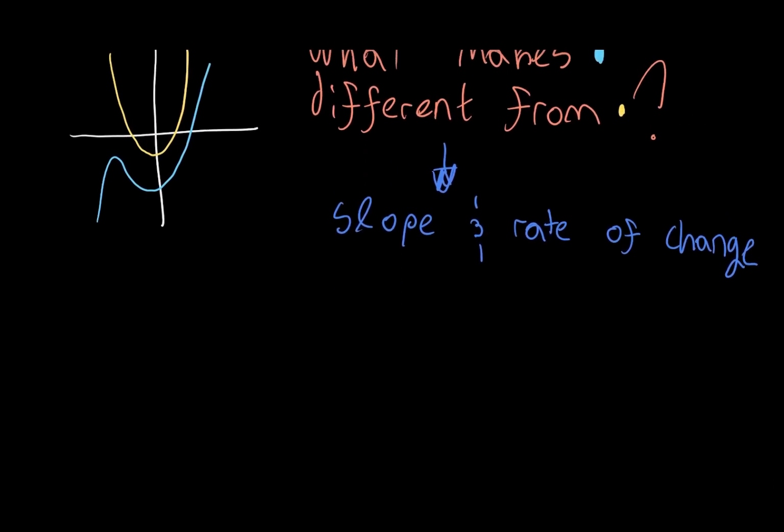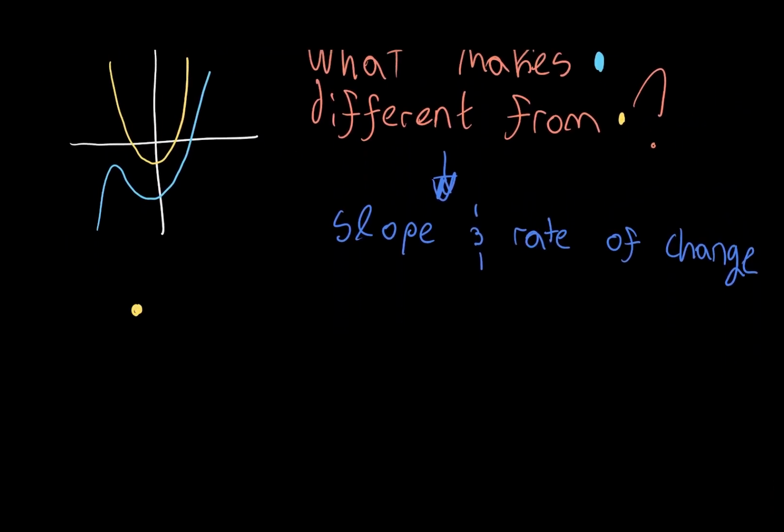Let's say yellow is equal to f of x, and light blue here is equal to g of x. They're evaluated on the same variable, but they're different because of their curves.